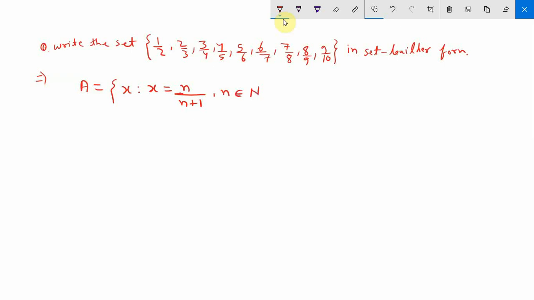Also, n is less than or equal to 9. So in this way we can write a roster form in set builder form.